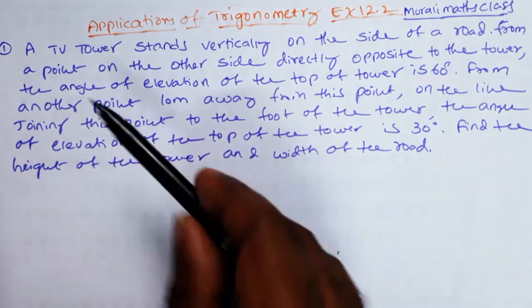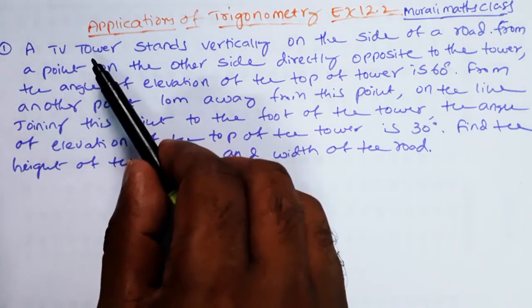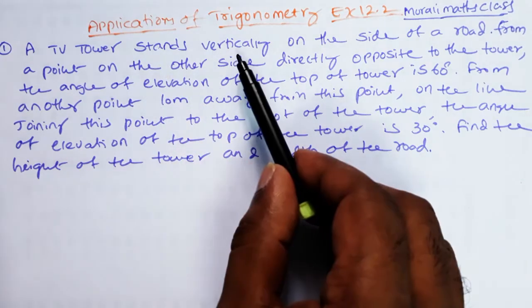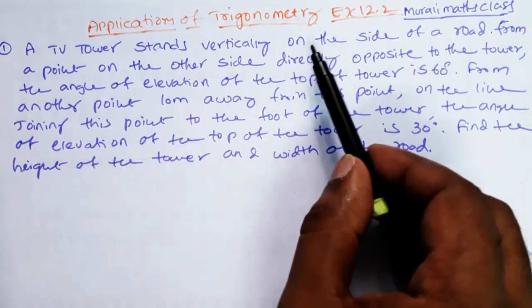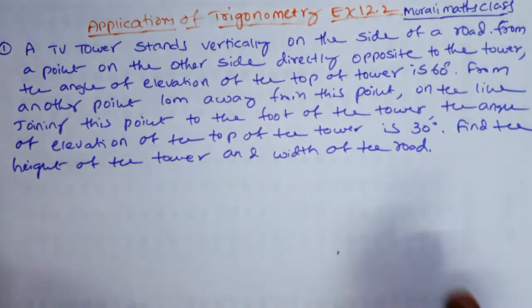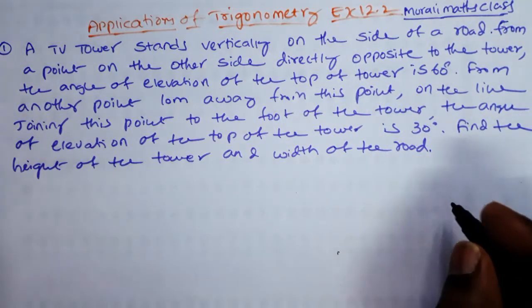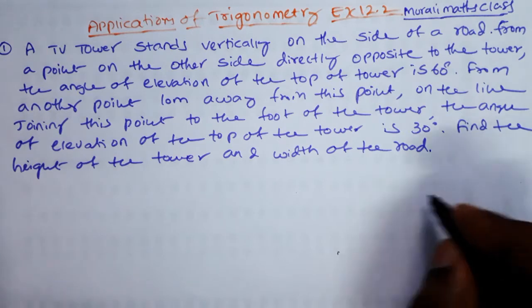The first sentence is: a TV tower stands vertically on the side of the road. So one TV tower is standing vertically on the side of the road.